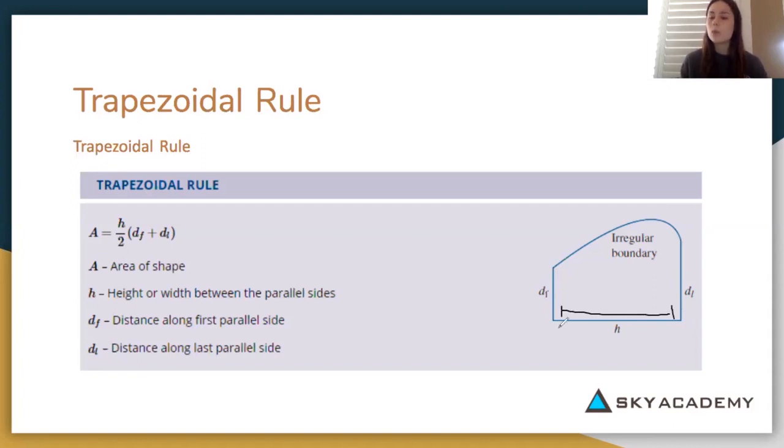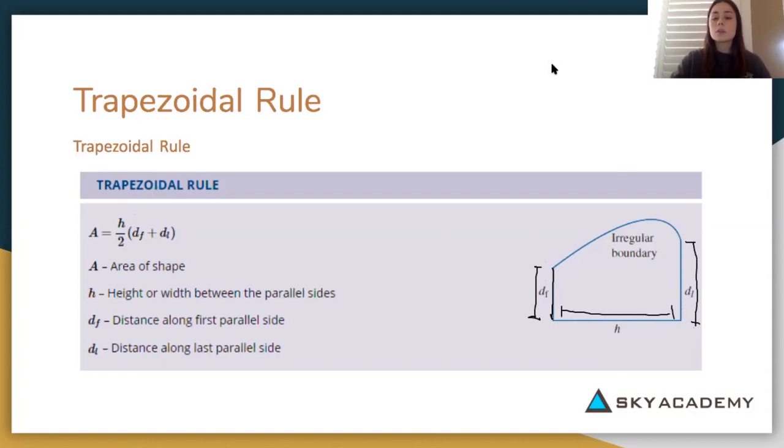So the area equals h, or the width between the sides, on 2 times by the distance of the first side, so from here to here, plus the distance of the last side.